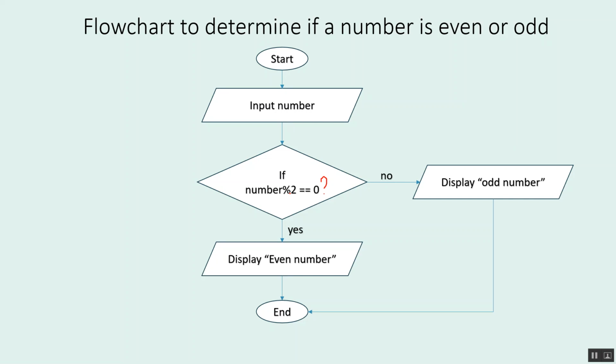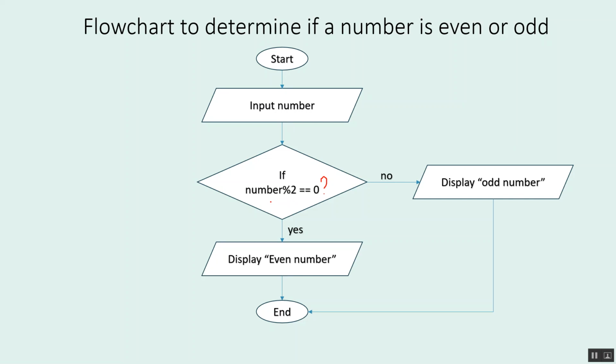For example, imagine that the input number is equal to 4. If we divide it by 2, 4 divided by 2 is 2, and the remainder of that operation is 0. We're trying to get the remainder of these two numbers.